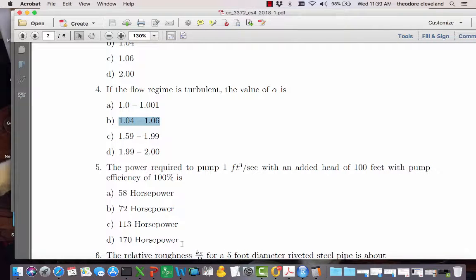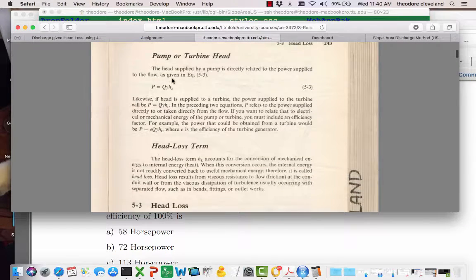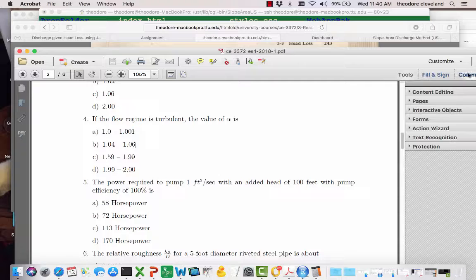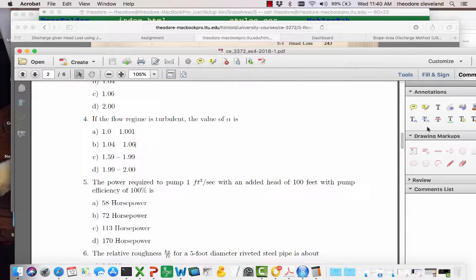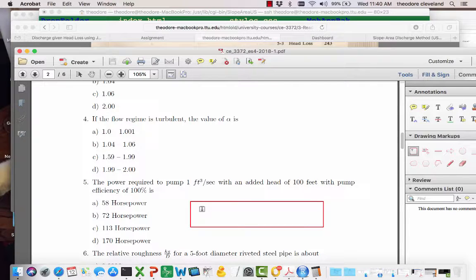Number 5, actually none of the correct answers are there, and we'll determine that in a second. It says, what's the power required to pump 1 cubic feet per second into 100 feet of head? We're simply going to use the power equation here. I think I want to use comment. Hopefully it'll let me do some typing. There we go.